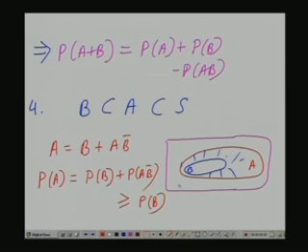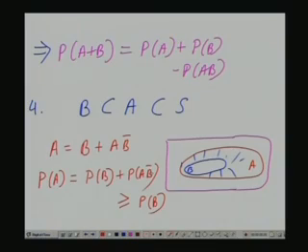When can this be an empty set? When B itself is A, there is nothing, no area here. Then only P A and P B can be the same, but as long as there is some non-empty subset in the form of A B bar, the probability of the smaller event B becomes less than the probability of the bigger event A. Okay.